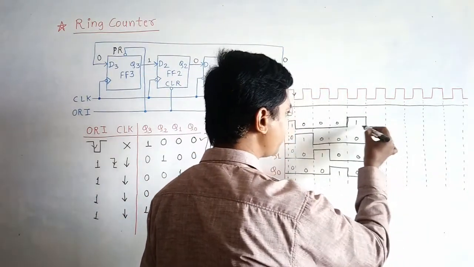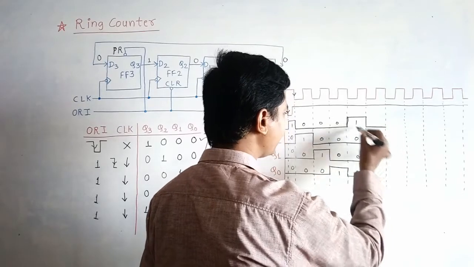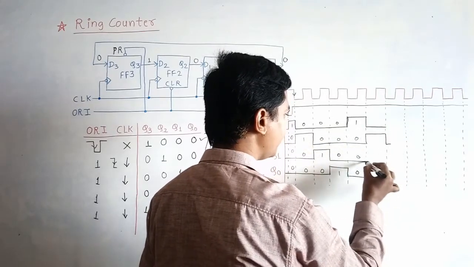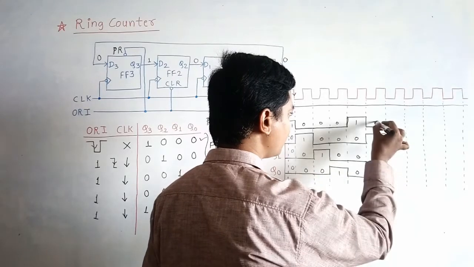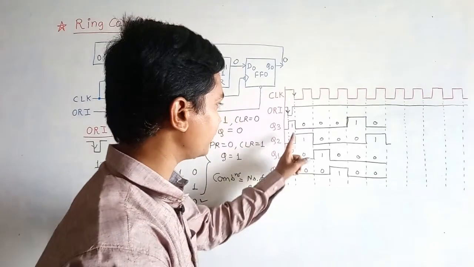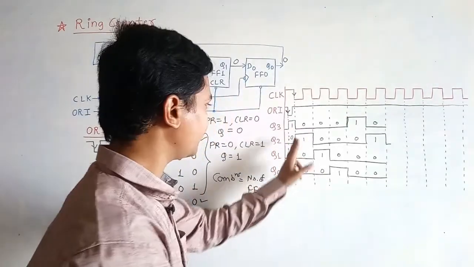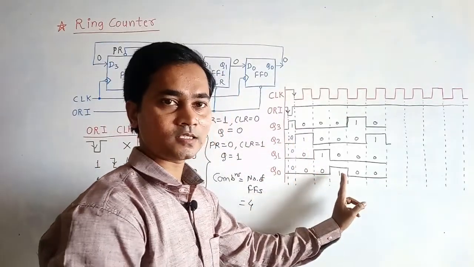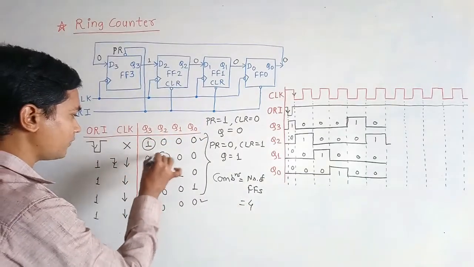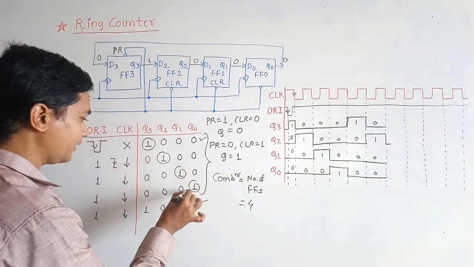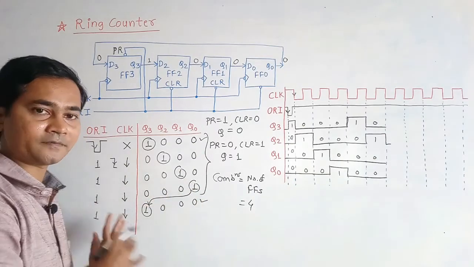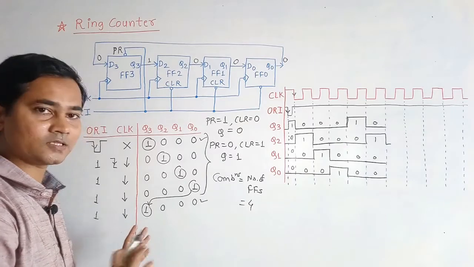Again the next combination will be 0 1 0 0, where this one will be shifted to Q2. Here you can see 1 is going to shift towards the right side, and again it will start from the left side, moving towards the right side.